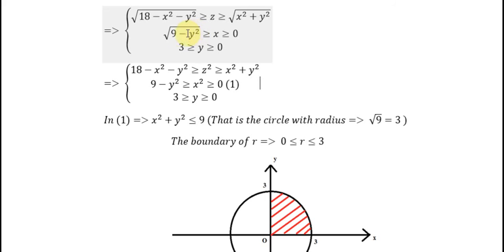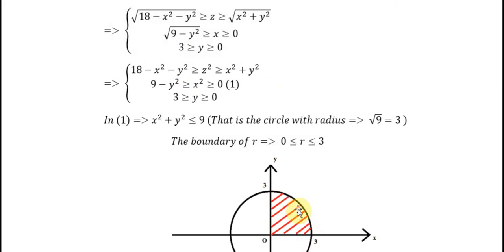If you look carefully, this is a circle with the square root. So x goes from 0 to the square root of 9 minus y^2, which is under this circle. So y goes from 0 to 3, and x goes from 0 to the square root of 9 minus y^2.